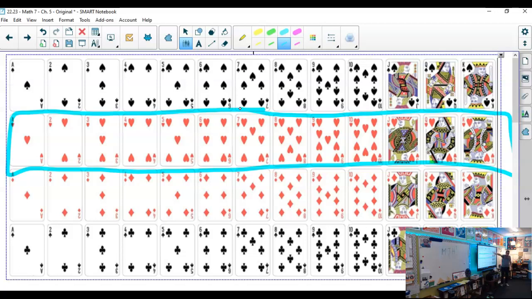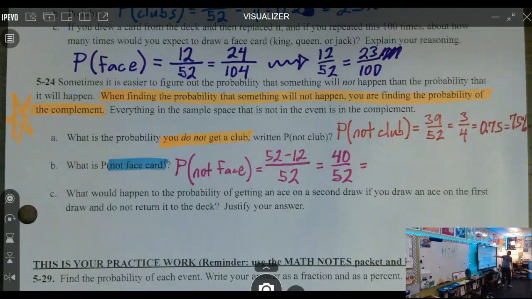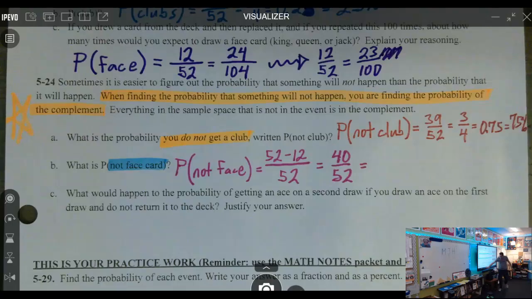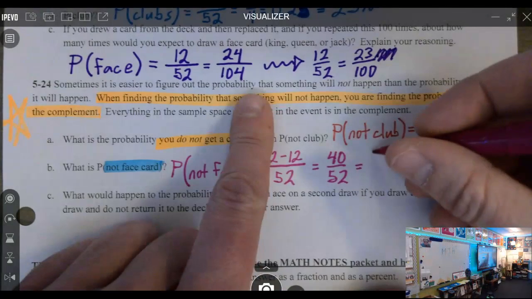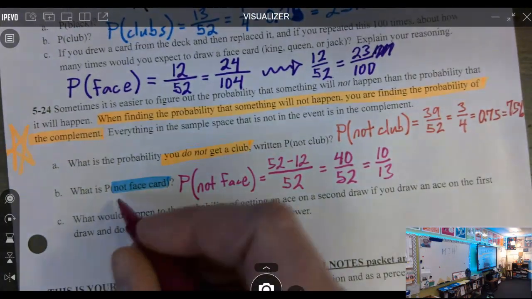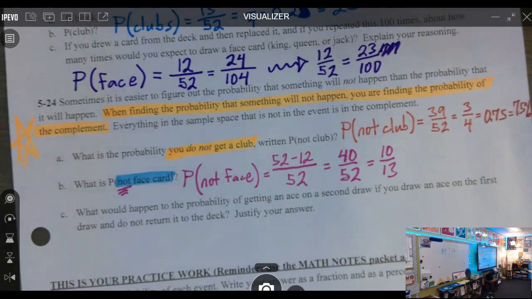When we reduce the fraction, we're really looking at less of the deck. So instead of 40 over 52, in a single suit, 10 over 13. So this is going to reduce to 10 over 13 because that's what is actually in a single suit when we think about the not face cards.